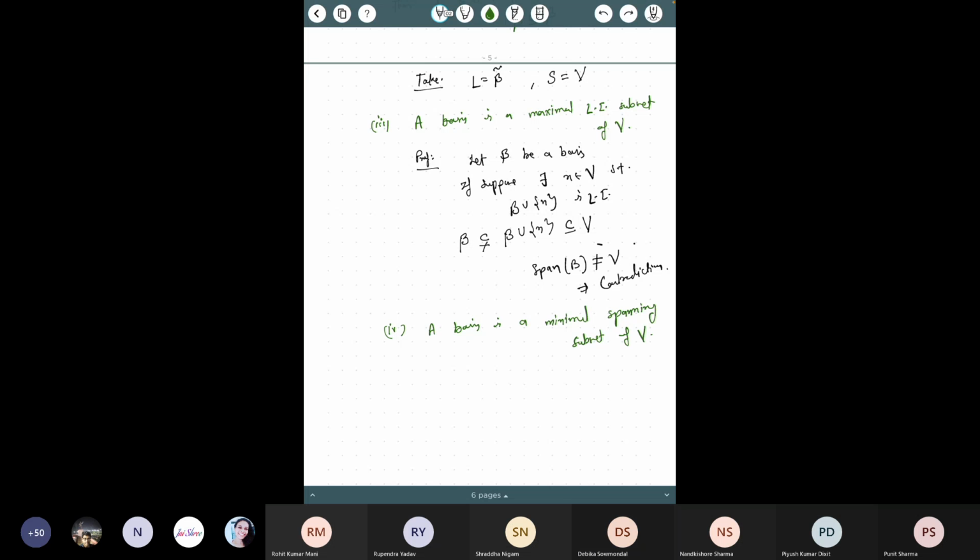So x is in V, which is not in B. It is not a linear combination of the vectors present in beta, otherwise it would be linearly dependent, straightforward. So x is in V, but not in B. And suppose that B union x is linearly independent, then it cannot happen.